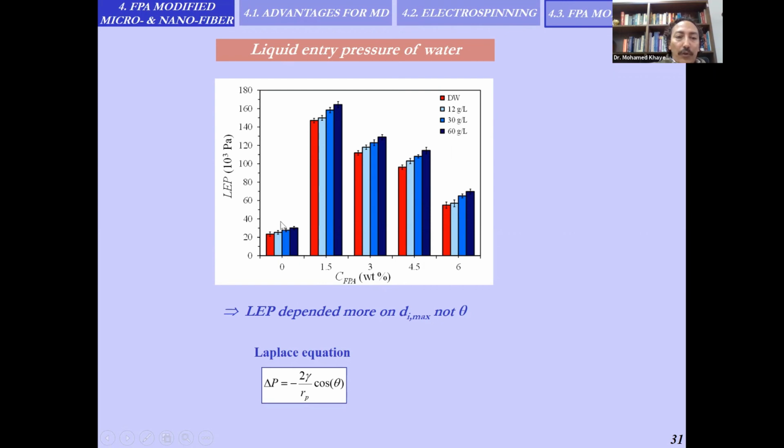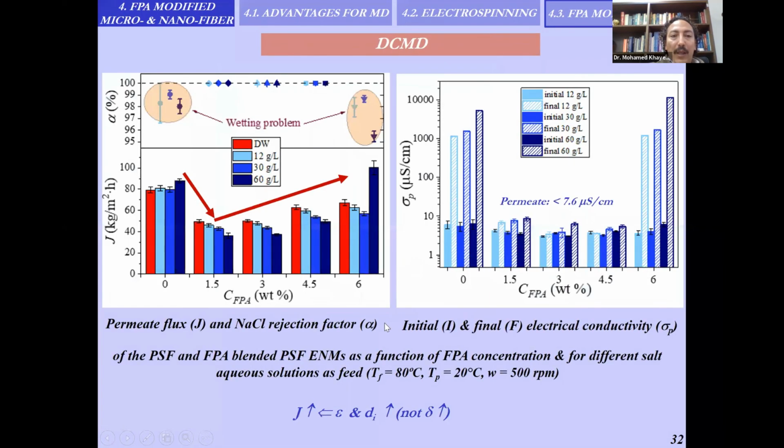If we focus on the values of the liquid entry pressure of water of the nanofiber membranes prepared without FPI and with the highest concentration of PI, we can observe the lowest liquid entry pressure of water. This is why, when we use these membranes for direct contact membrane distillation, they got wet after some time of operation. However, the other three membranes worked very well without any problem.